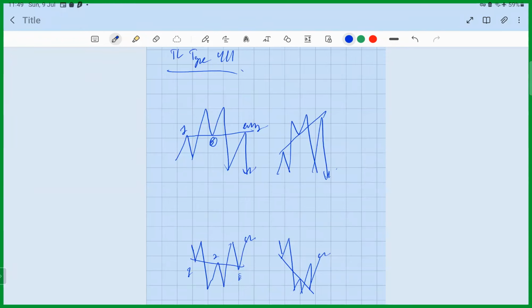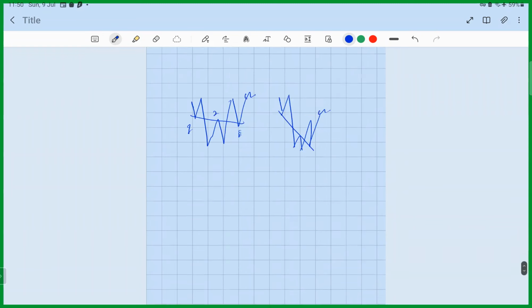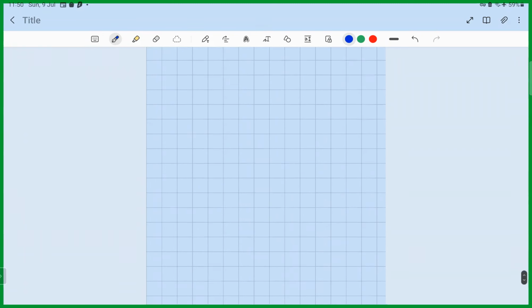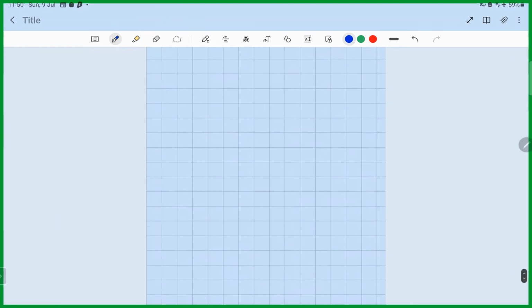Oh, cool. 411. And then we have type 5. It's all right. It's okay. Type 5 is just your HNS trend line. Okay. So, do this.